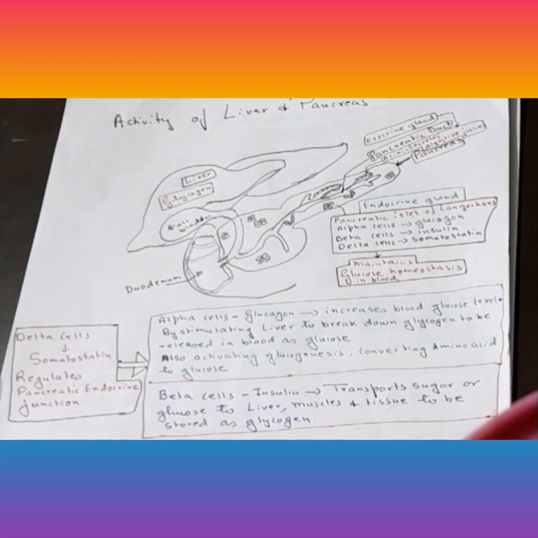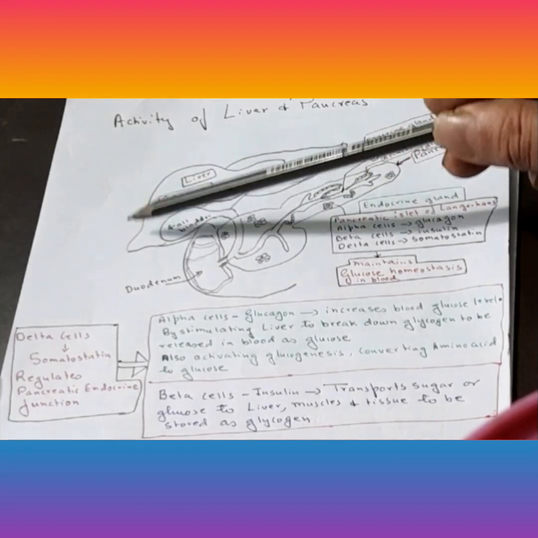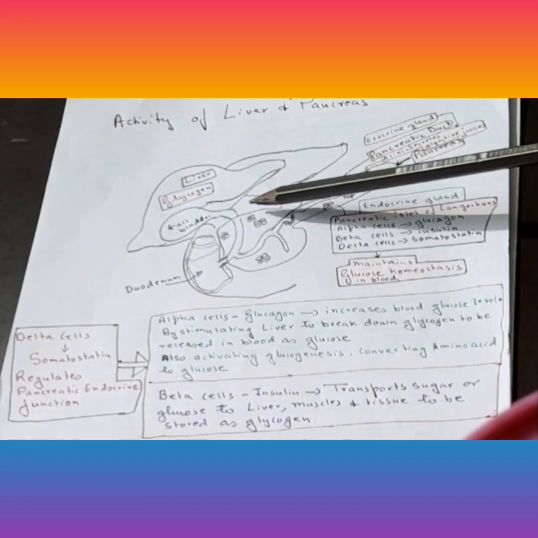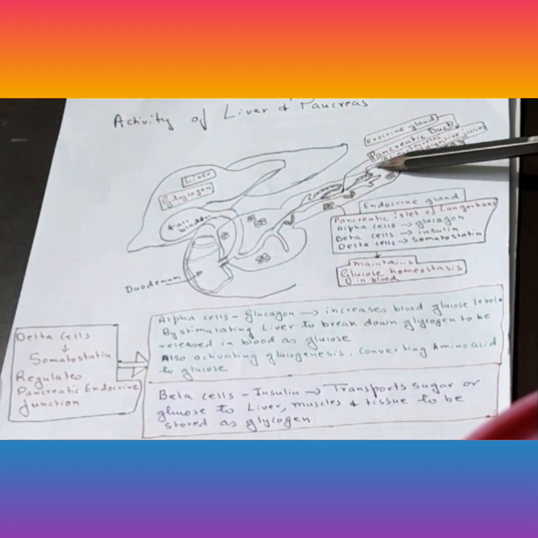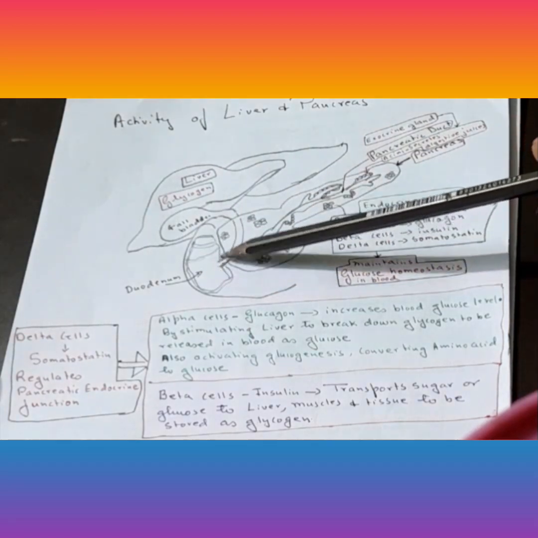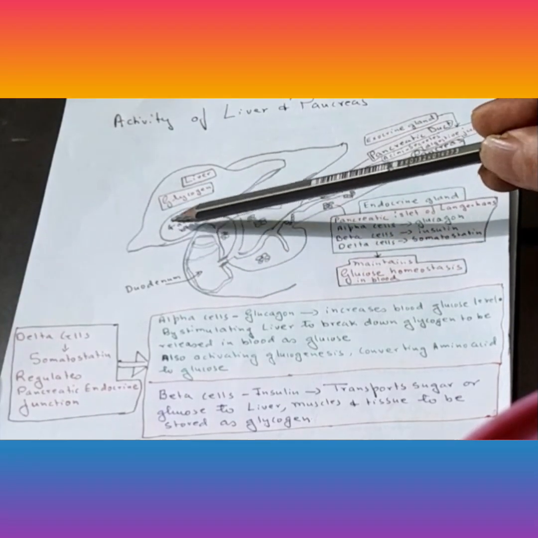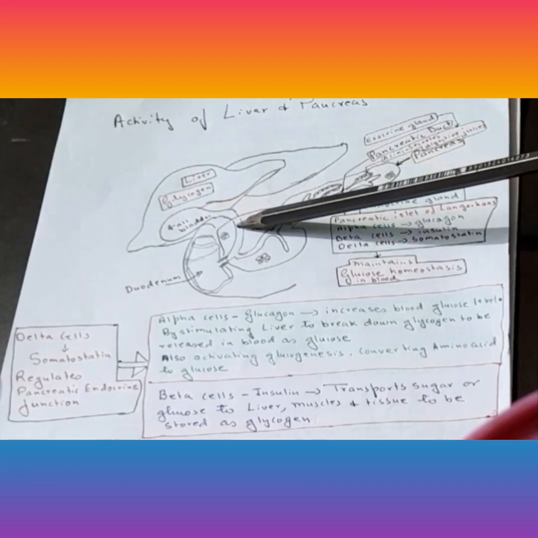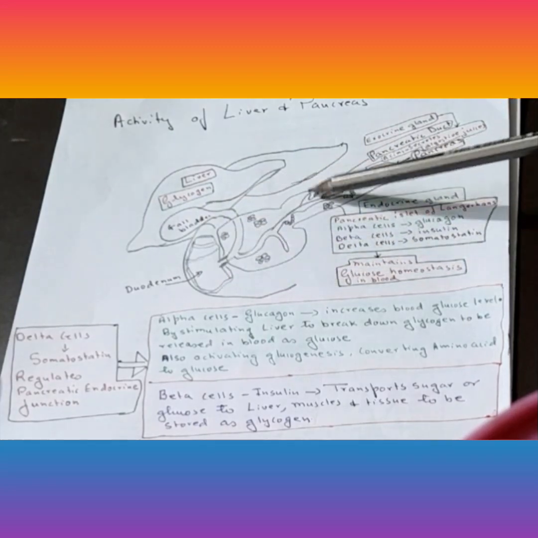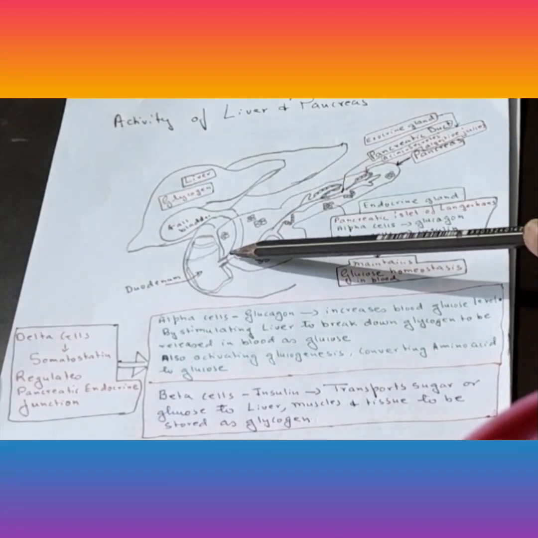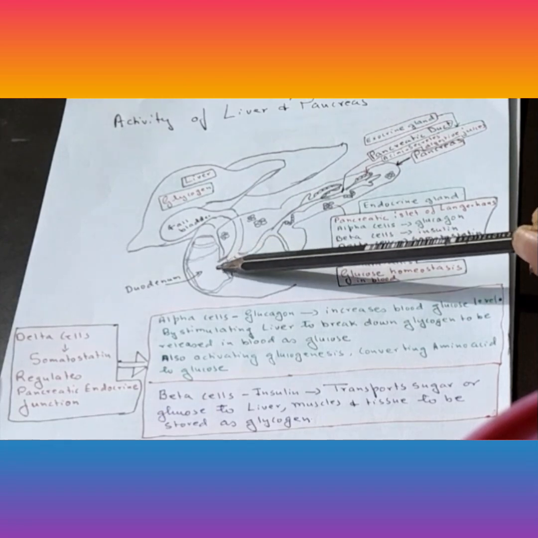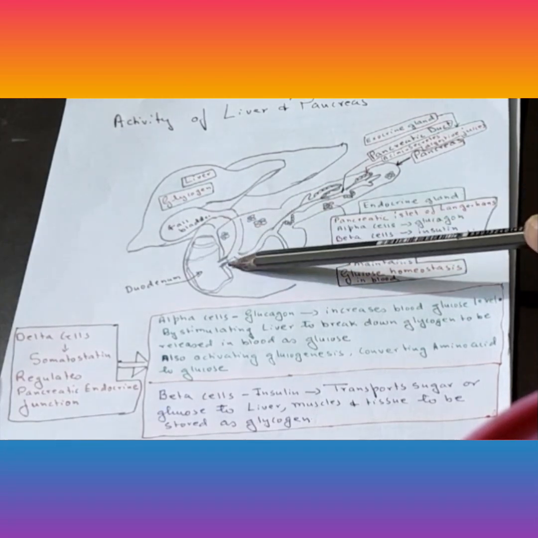Let's understand the activity of the liver and pancreas with glucose. This is the liver, this is the pancreas, and this part is the duodenum. You can see the gallbladder opening out in the duodenum, and even here the pancreas is throwing its ingredients along with the gallbladder.